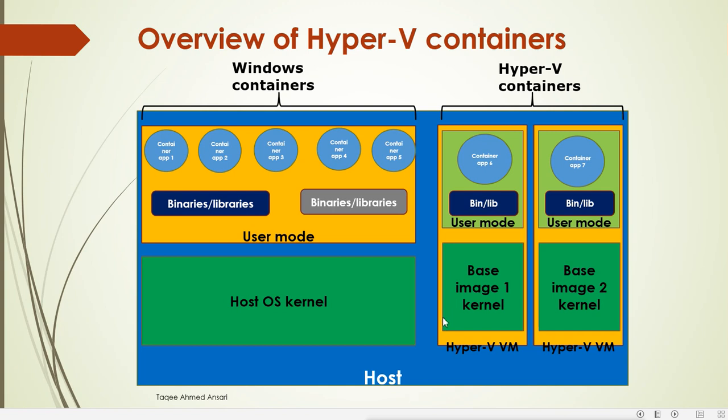That is why, if we want them to be completely separated, we can use them on a Hyper-V virtual machine. That is the only difference between a Windows container and a Hyper-V container. Otherwise we can configure and use them just like we use them here. Both are the same; just because of the separation they are different.